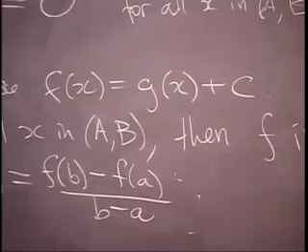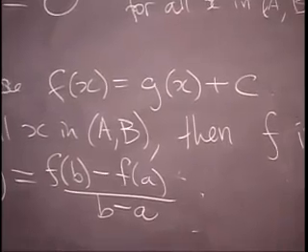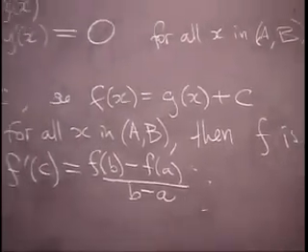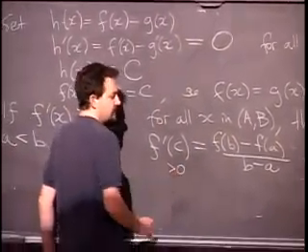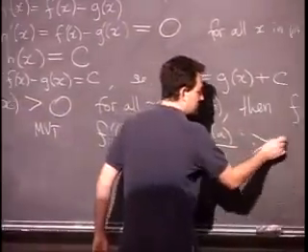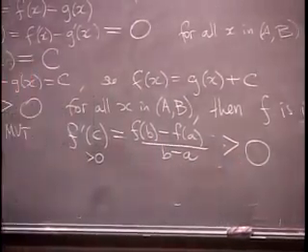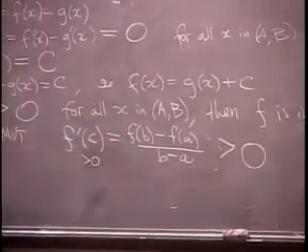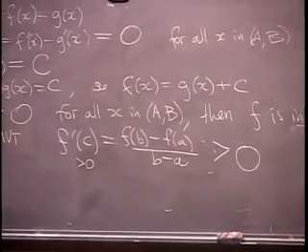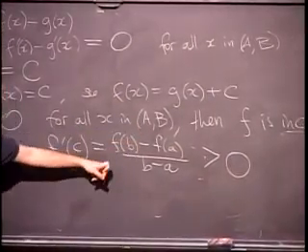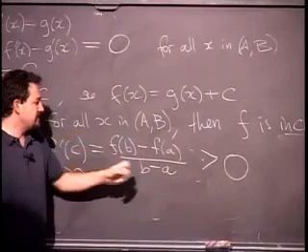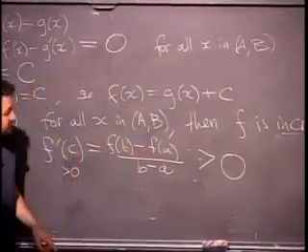We don't know very much about it, but we know one thing about it. It's greater than 0. So this quantity must be greater than 0. And I don't even know where c is. There's just some c in the middle, such that f prime of c equals f of b minus f of a over b minus a. That's all we need, because we now know this quantity is positive.